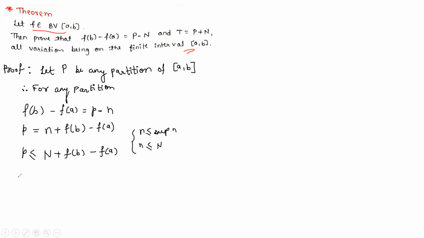Now taking supremum over all partitions, we get capital P, which is less than or equal to capital N, that is the negative variation, plus f(b) minus f(a).